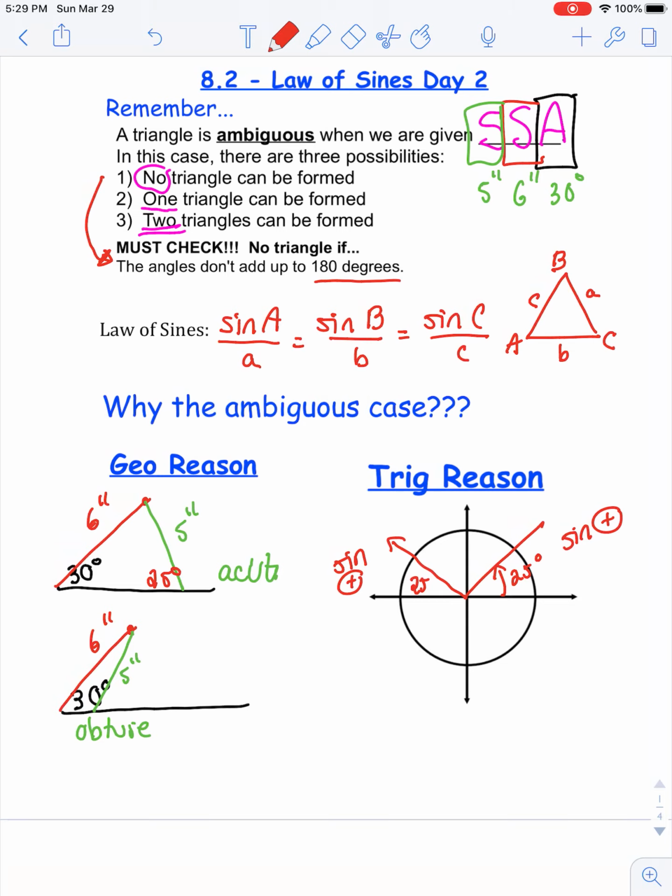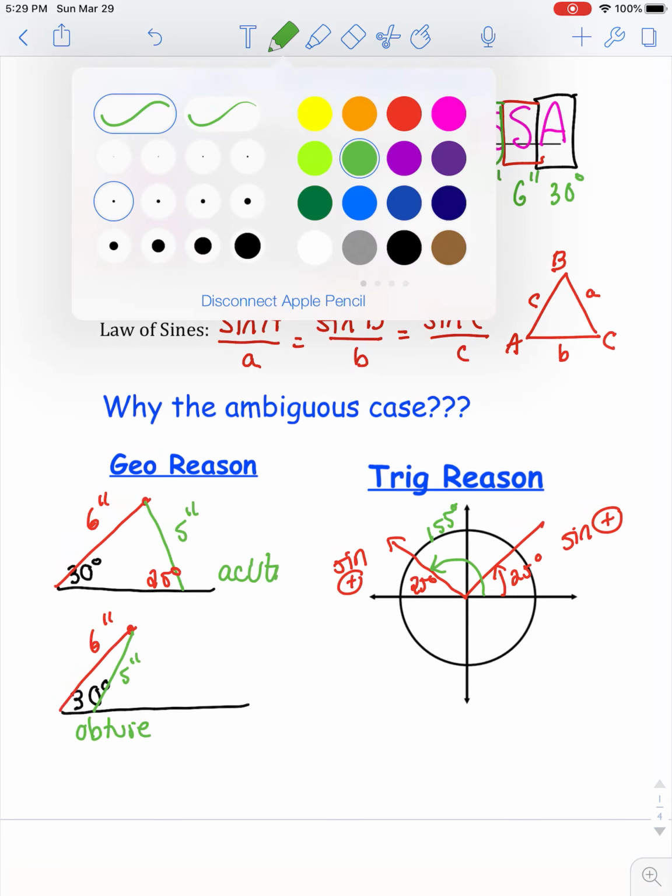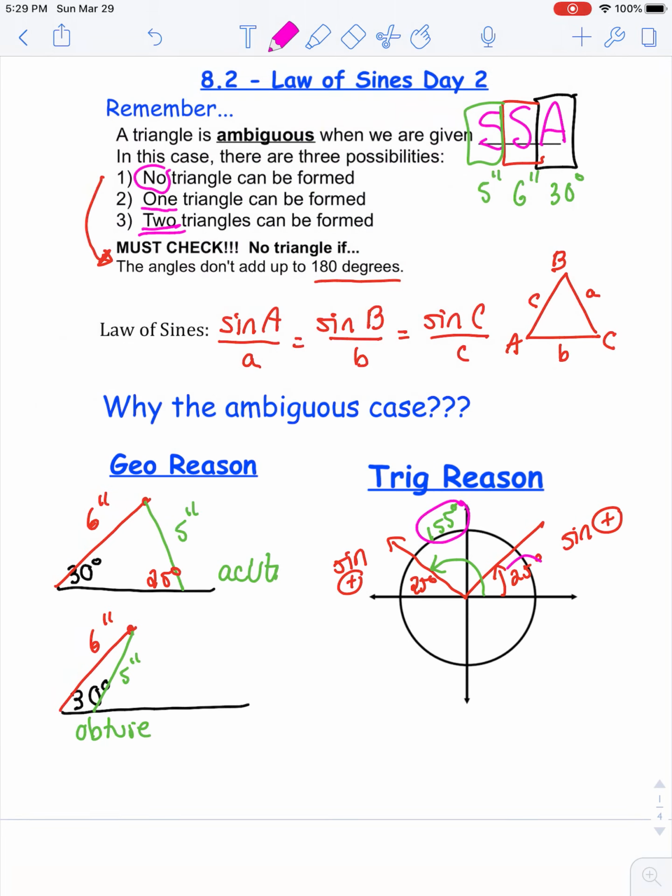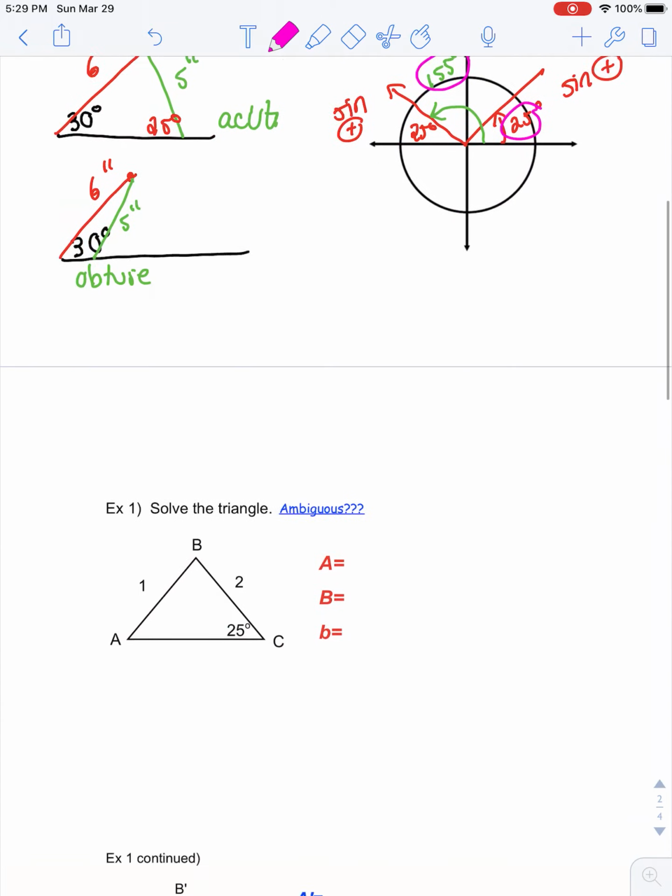So we know that there's the second angle, that reference angle is still 25, and there would be this second possibility of an angle of 155 degrees that would also have the same sine value. So when using law of sines, we have to look at could both of these angles, this 155 degrees and this 25 degrees, could both of these angles make reasonable triangles?